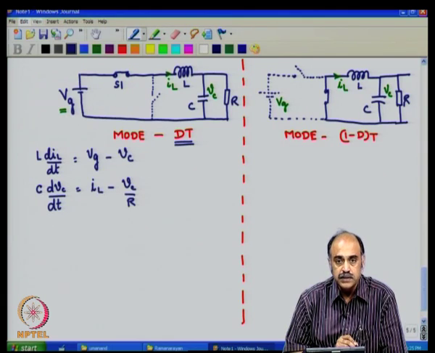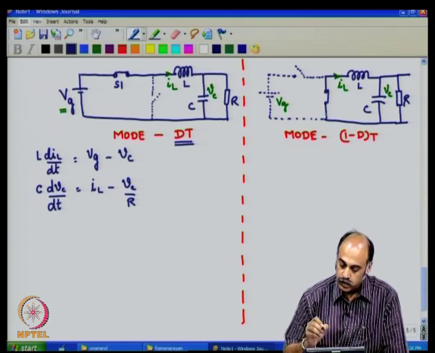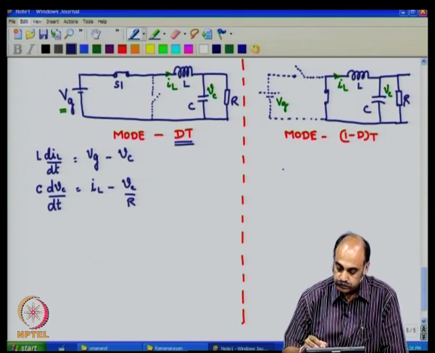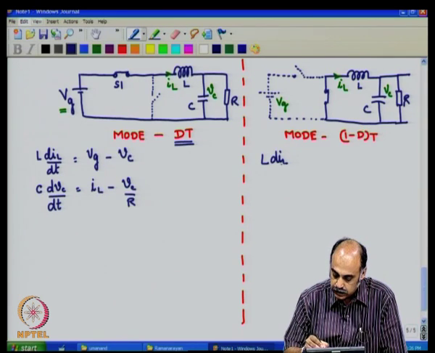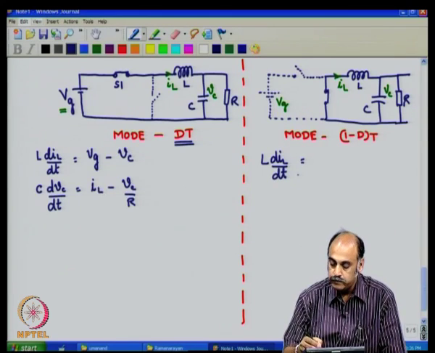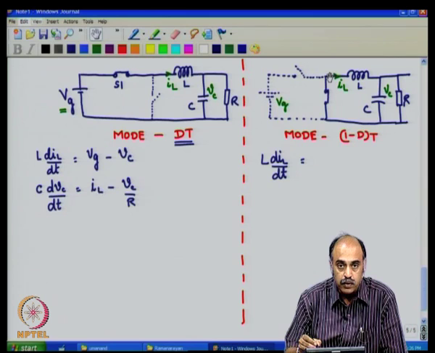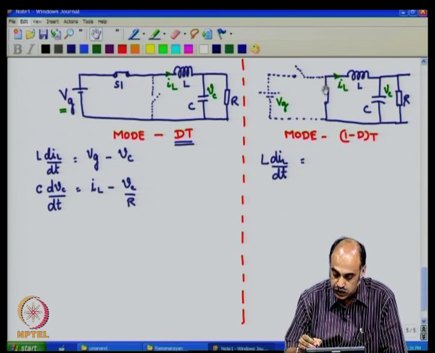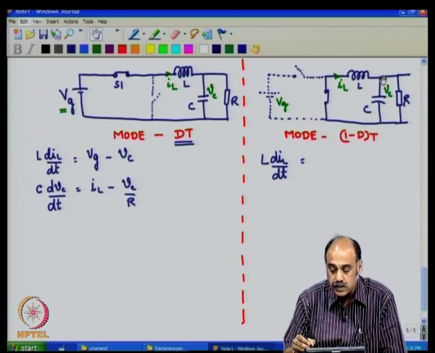Likewise, the two equations in mode 1 minus dt when switch S2 is on, S1 is off. So, you see that L dIL by dt is equal to the voltage, and this side of the inductor is 0 as it is shorted to the ground by switch S2, and the voltage on this side is Vc.